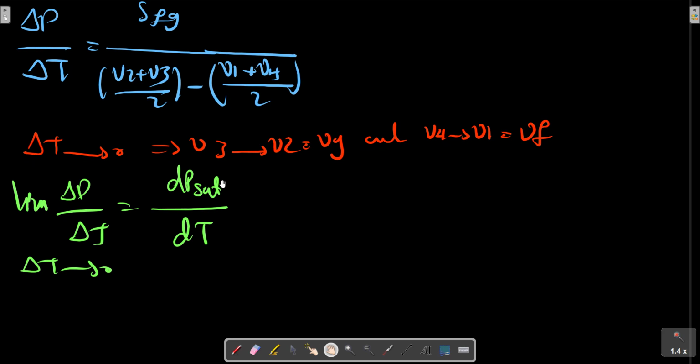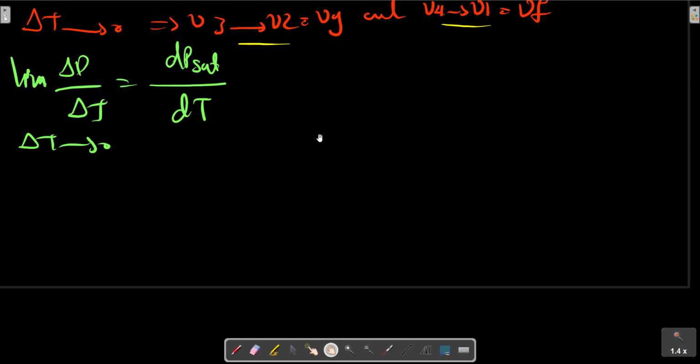Making an equality and applying this relation to these two, we can write this relation for sfg on vfg.